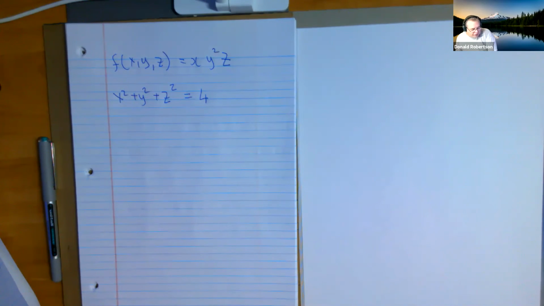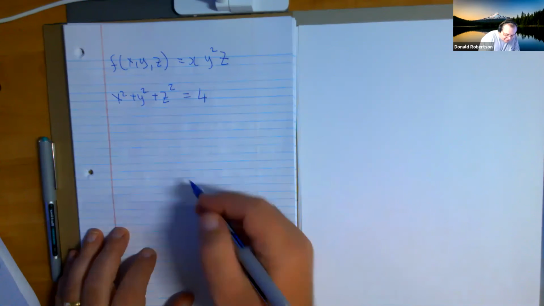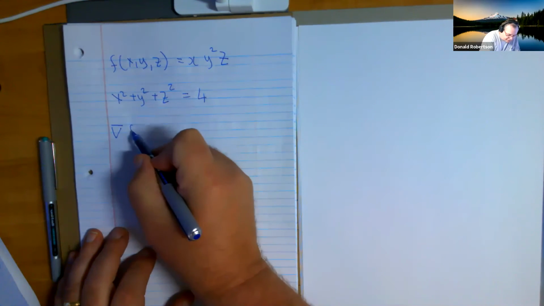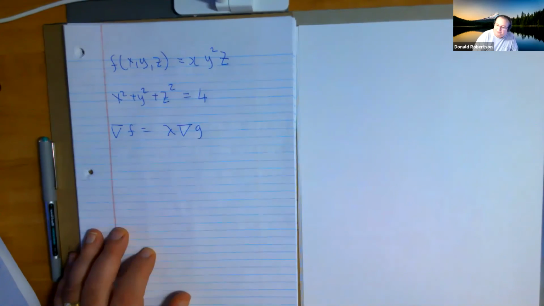Now I am going to just stick to the 1 divided by 2 trick, so we're not going to go anywhere messy. So delta f is going to be lambda delta g.